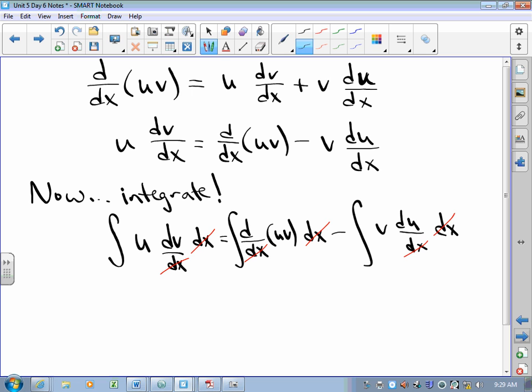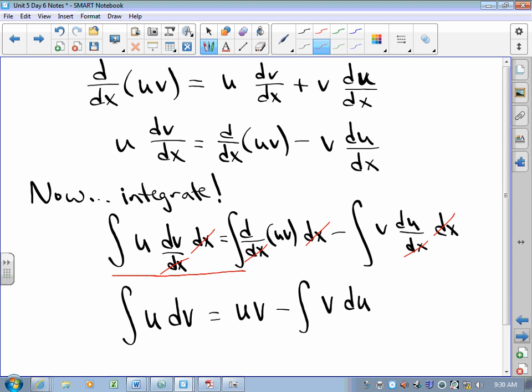So what ends up coming out of this? The integral of u dv is the integral of a derivative minus the integral of v du.